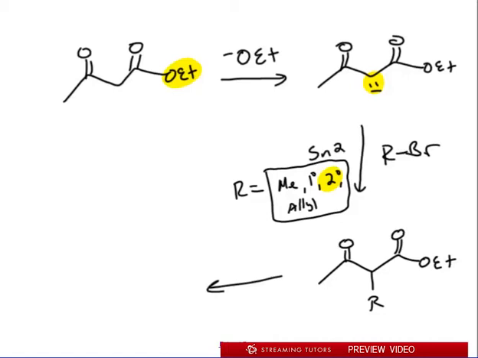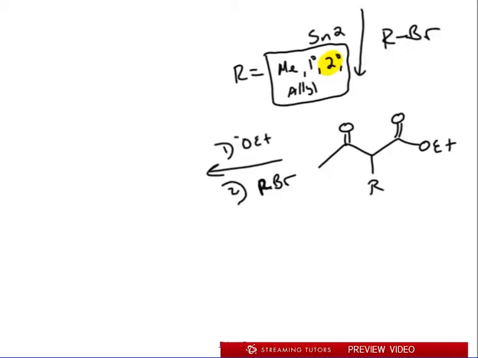So we can do another: number 1, OEt minus, or NaOEt. Number 2, we could do R-Br. And this R could be completely different than the first one, because we're actually doing this step by step. We're actually changing the environment in order to get this accomplished. So these two are completely different. They could be the same. It's up to you. We'll learn about that in a moment.